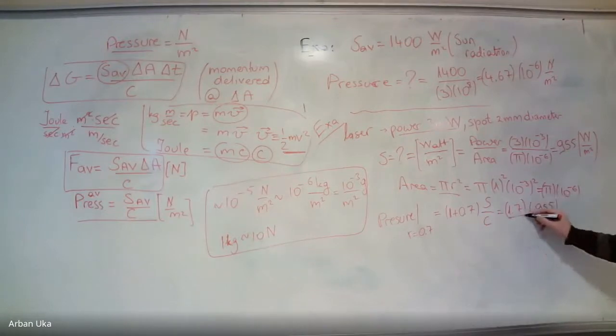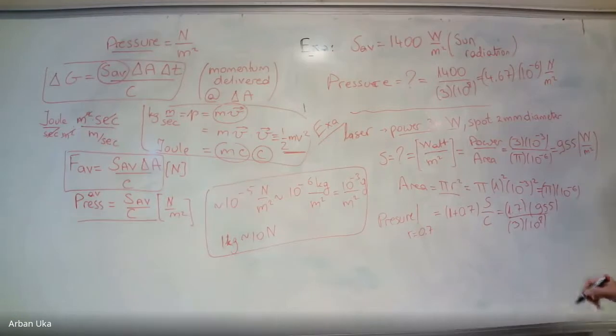But in this case, we get 1.7 times 955 divided by 3 times 10 to the power 8. So in this case, we get a pressure which is of the order 5.4 times 10 to the power minus 6, and the unit is Newton per meter square.